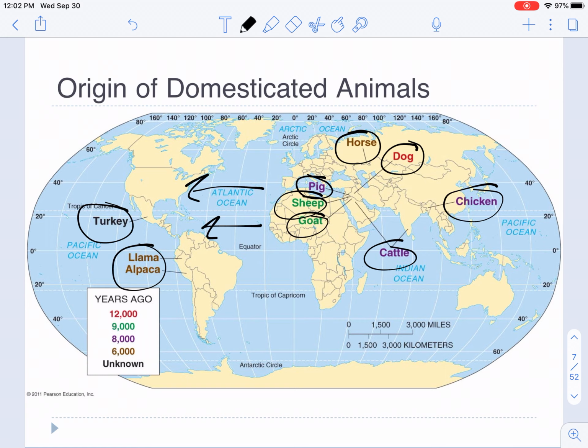And so the diseases that the Europeans and Africans had spent hundreds or thousands of years developing immunity to, the Americans didn't have any immunity to that, the Native Americans, that is. And so when that encounter occurred, up to 96% of Native Americans were wiped out as a result of the diseases that were brought across, mainly because people that lived in this part of the world had exposure to these animals and the diseases that could be born from them.